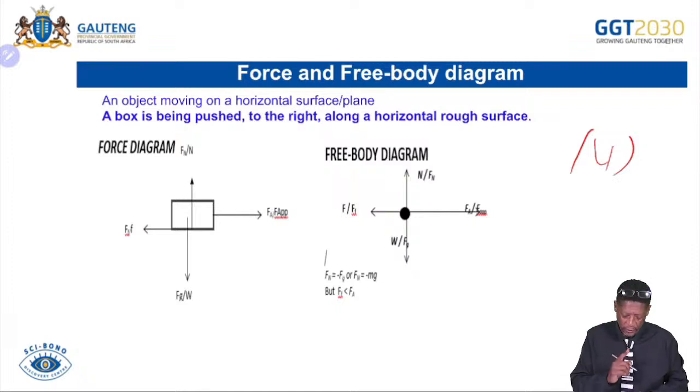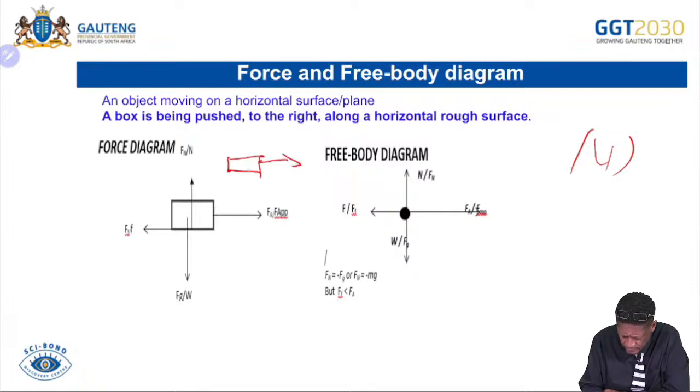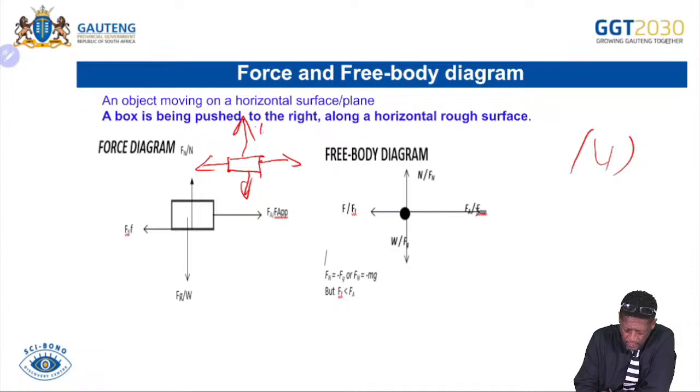That is the problem with learners. They do it so quickly that they think they will get marks. Now if you draw it like this, then you label.